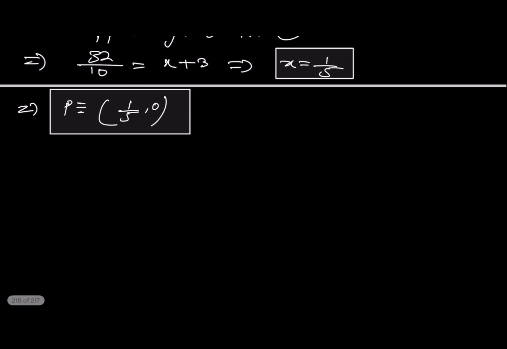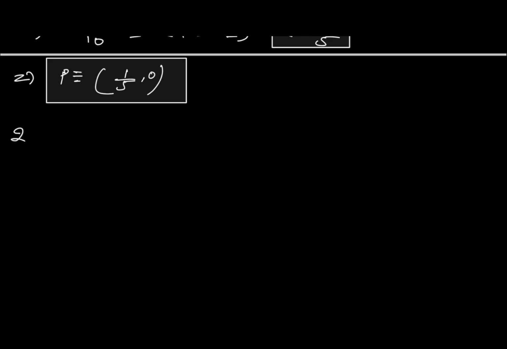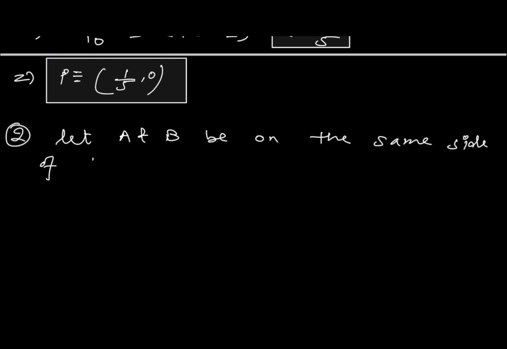Okay, let us take some steps for the second condition, that is mod of PA minus PB maximum. Let A and B be on the same side of the line L, which is ax plus by plus c is equal to 0.